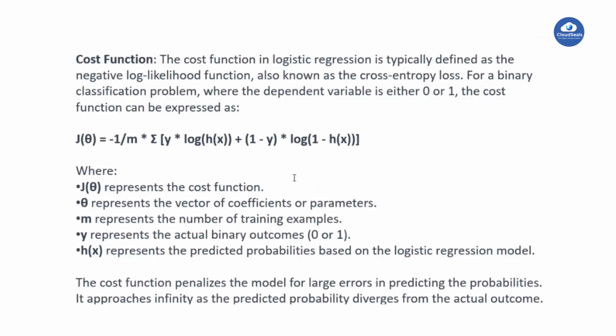Cost function. Previously, to measure the accuracy of the linear regression model, we used mean squared error or root mean squared error as the metric. Here in logistic regression, the cost function is typically defined as the negative log likelihood function, also known as the cross entropy loss.